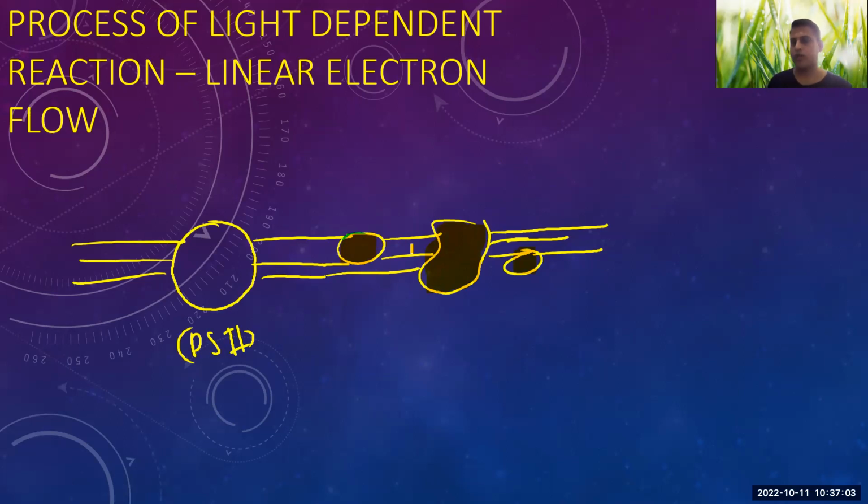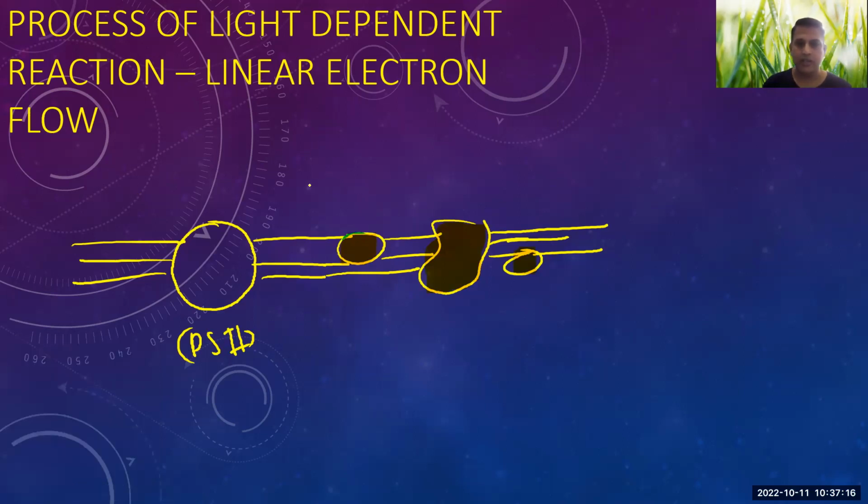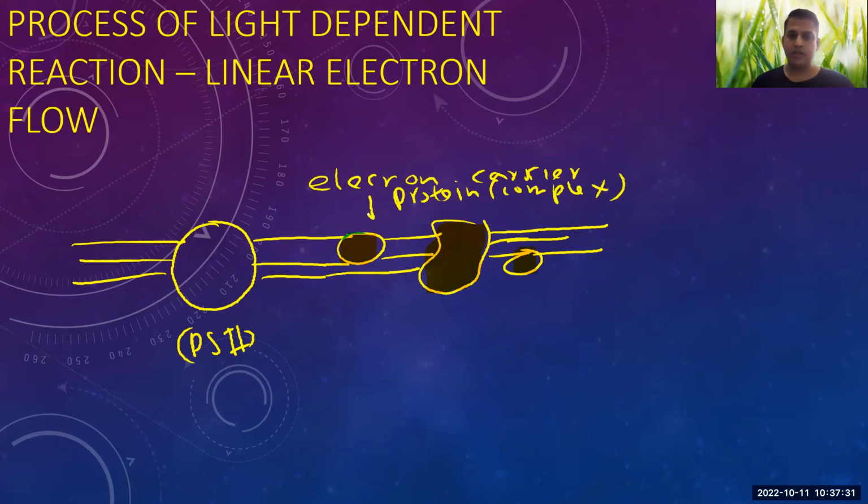We don't need to know the names of the structures. We can generally learn them with one word: electron carrier protein or complex. So this is an electron carrier complex or protein. This is an electron carrier complex. This is an electron carrier complex.